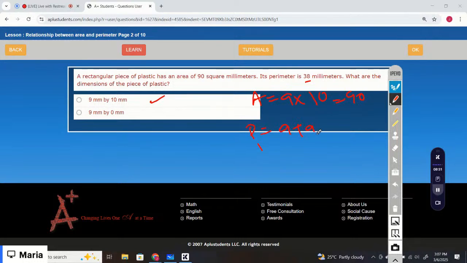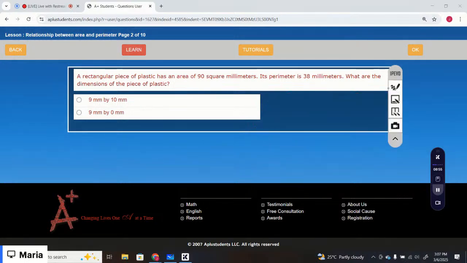For the perimeter you need to add all the side lengths. 20 and 18 makes 38. That is 9 by 10. Option number 1 is the correct option.